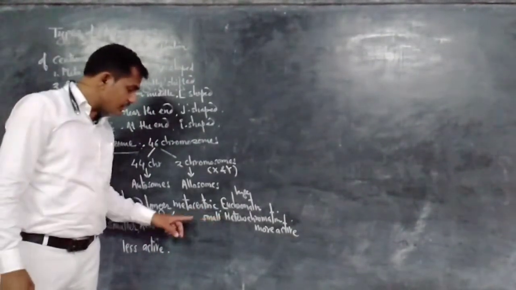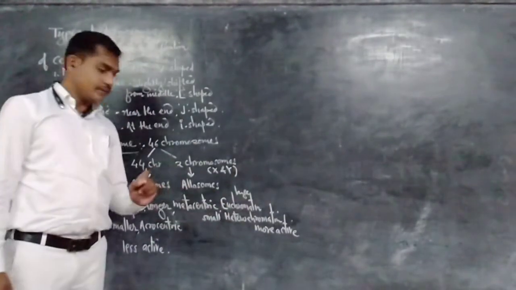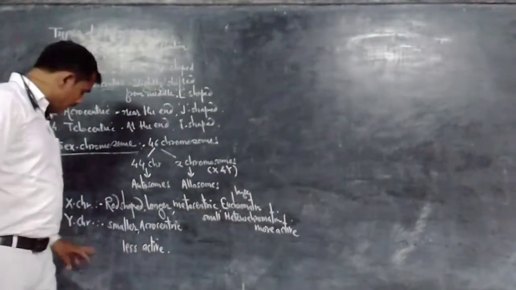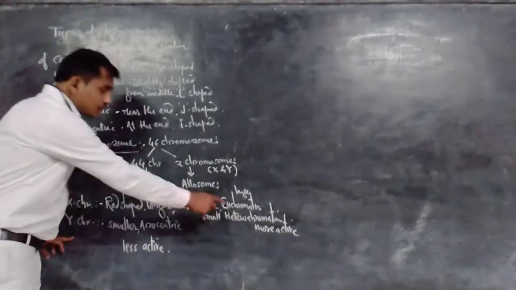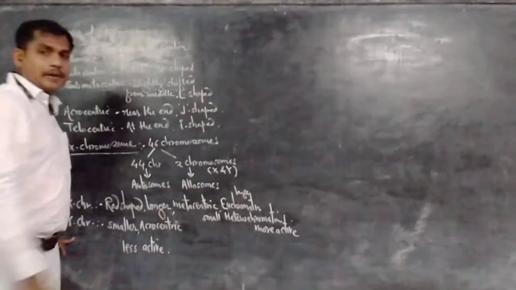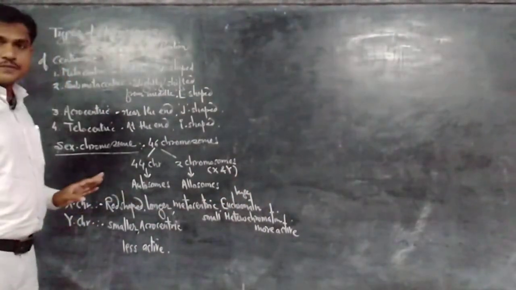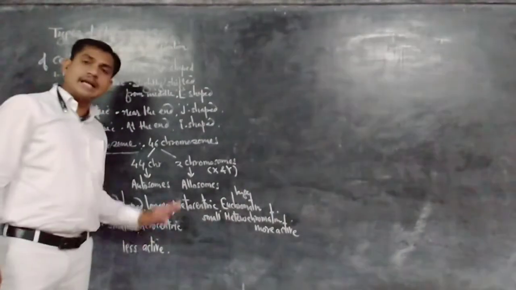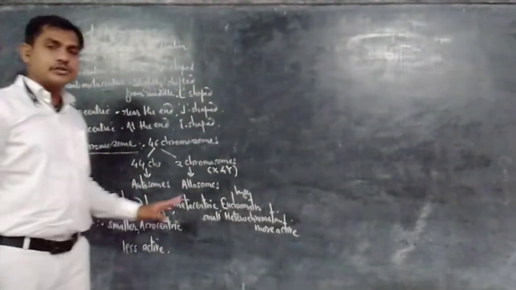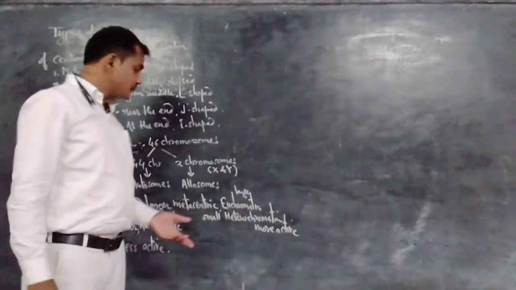Y chromosome has small euchromatin and large heterochromatin, opposite to that of the X chromosome. Yes, it is genetically less active, while the X chromosome is genetically more active.